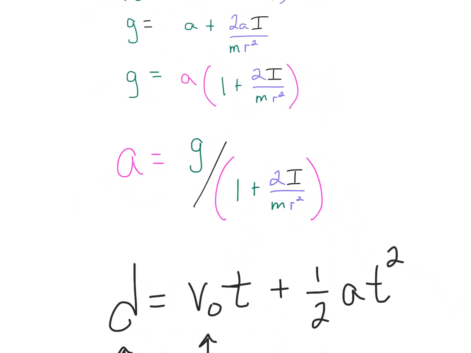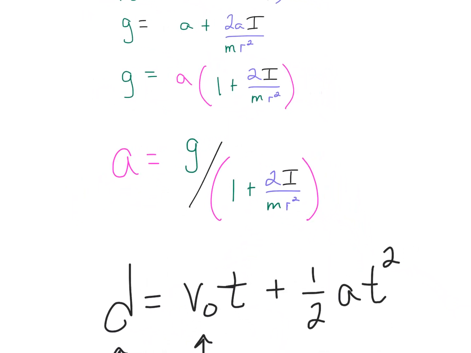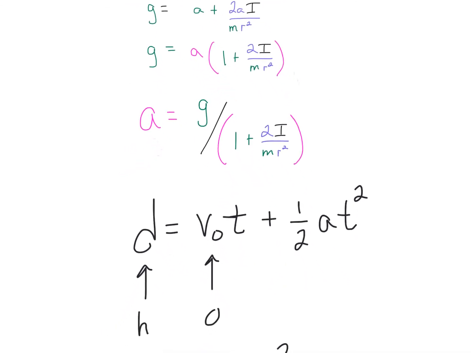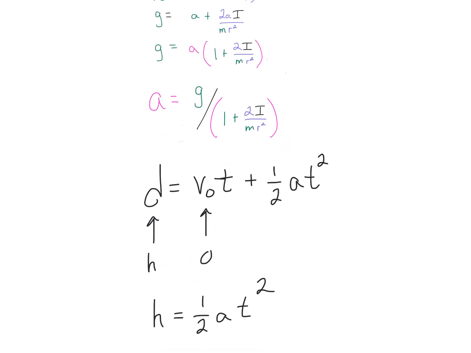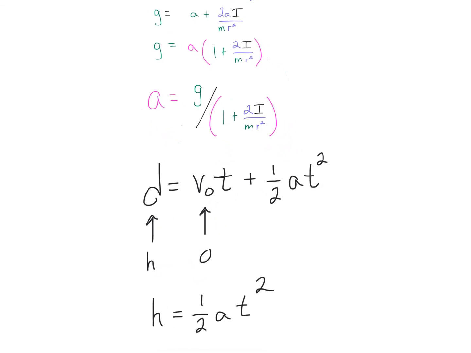And to do that, we're going to use our good old equation from kinematics. So the distance is equal to the original velocity times time plus half the acceleration times time squared. Now we know the distance that this falls is its height. We know it starts from rest, so initial velocity is 0, and so we can simplify this equation and cut it down to just height is 1/2 a t squared.